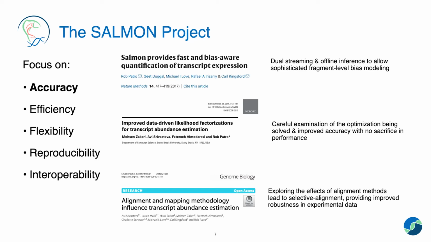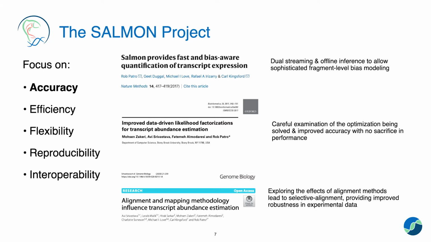And in terms of accuracy, over the years, we and the team have improved this software in accuracy in a number of ways. First of all, introducing fragment level bias modeling, and then improving the objective function that the software solves so that you improve its accuracy without slowing down the performance. You can use a more complicated, more accurate likelihood model.